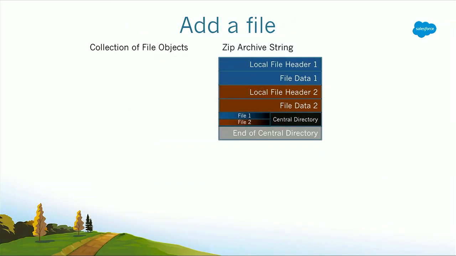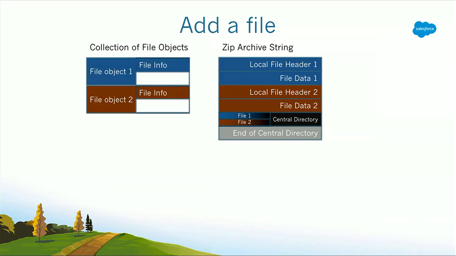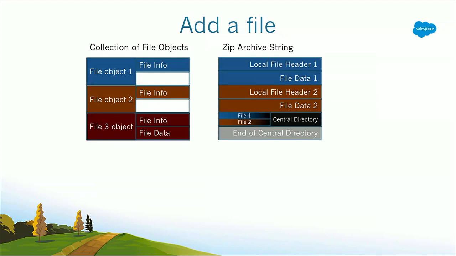So let's look at some operations and see how they're performed. In this case, I have a zip archive that already has a couple of files, and I want to add another one. So in memory, I have the same structure, basically, and I want to add one more file. After I do that, the next thing that we do is we kill the central directory and the end of the central directory.